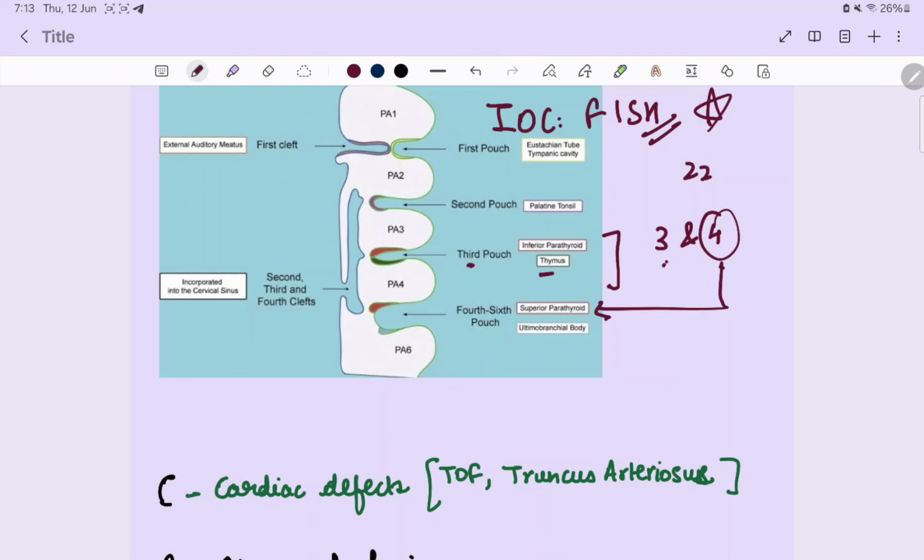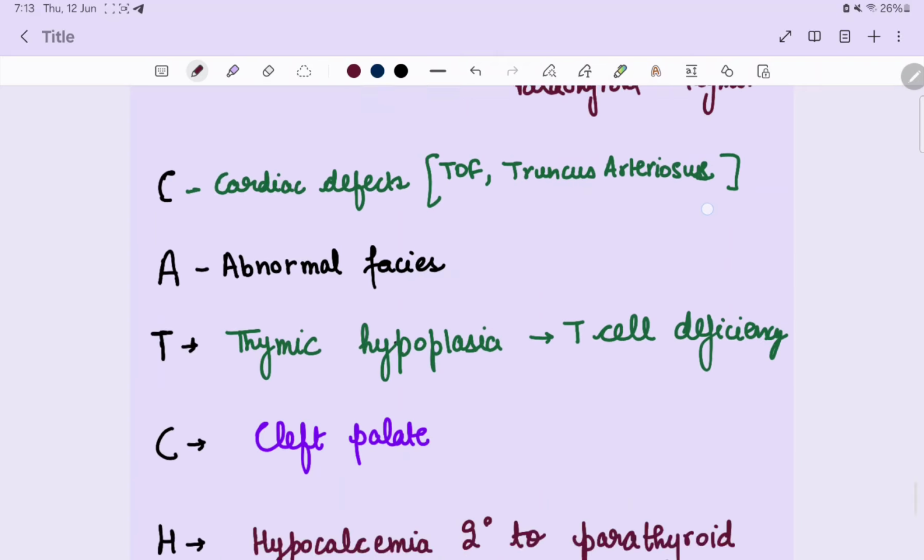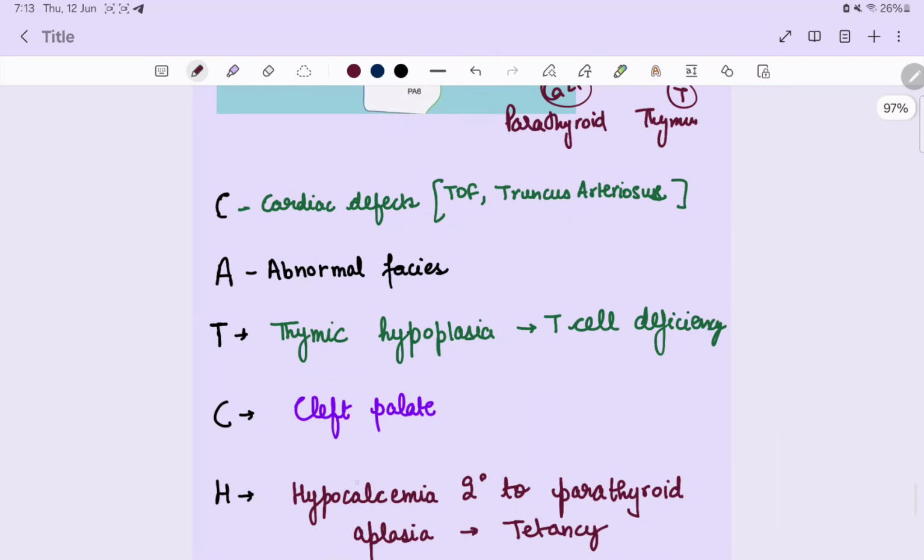So there is deficiency of parathyroid gland as well as thymus. Thymus produces T cells, and parathyroid produces calcium, so there will be deficiency of calcium. H is hypocalcemia, because of parathyroid aplasia. So it causes tetany.